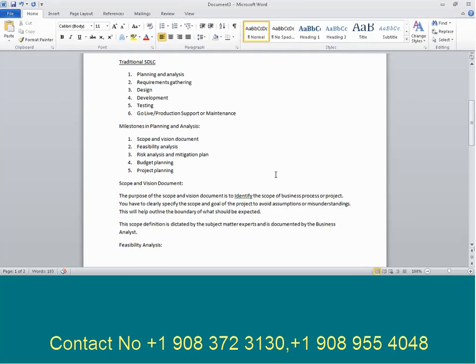I'm already talking to the stakeholders and gathering information. Now I have to document it somewhere. So every client will have a predefined template, a format where the scope and vision needs to be documented. All you're going to do is pick up the template and fill in the blanks. You're not going to decide the template, because every customer, every client, whoever is implementing IT, already has well-defined standards in place.